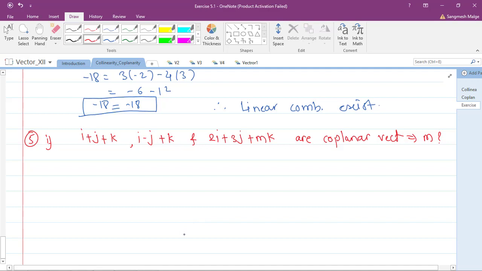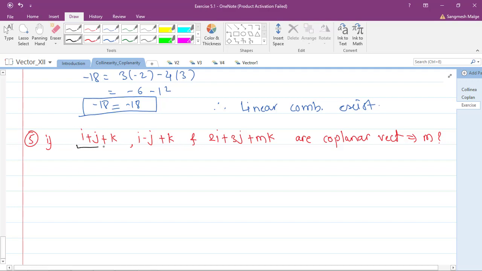Now, coplanar means what? You have two options here to show. Either you show one vector is the linear combination of the others, or you find three scalar multiples whose sum equals the zero vector.